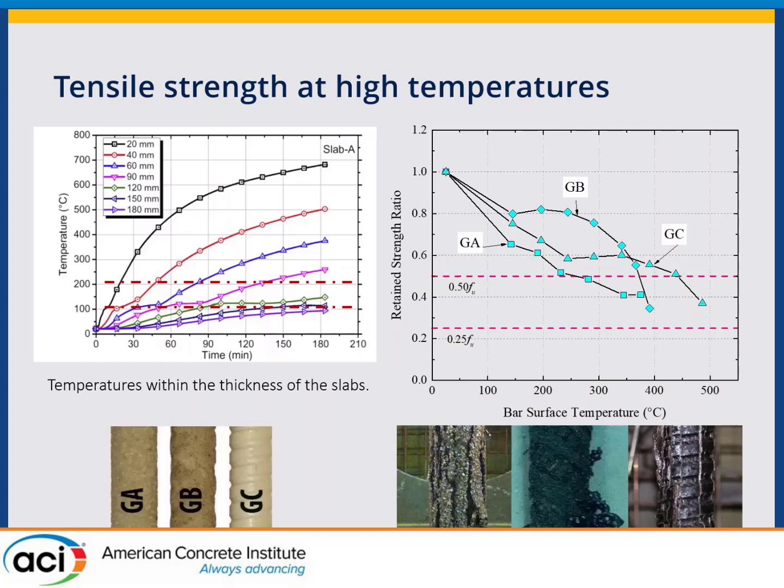We're doing this work to see how that compares against what we have in the S806 document. But we're limiting the sustained stress on the bars to 25%. None of these bars at any of these temperatures comes down to that level.